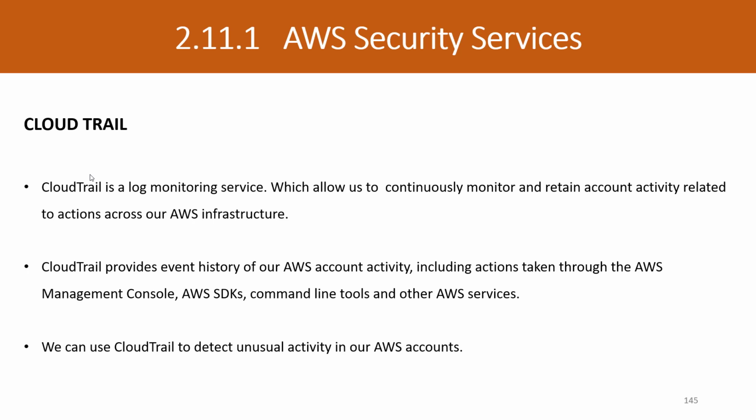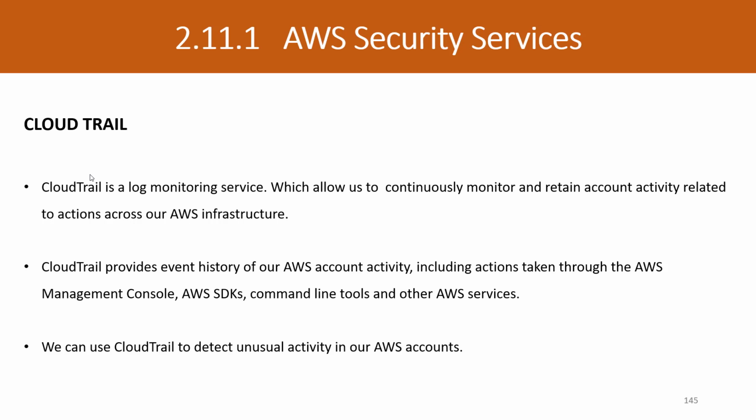AWS CloudTrail is basically a log monitoring service which allows us to continuously monitor and retain account activity related to actions across our AWS infrastructure. CloudTrail provides event history for our AWS account activity, including actions taken through the AWS Management Console, AWS SDK, command line tools, and other services.